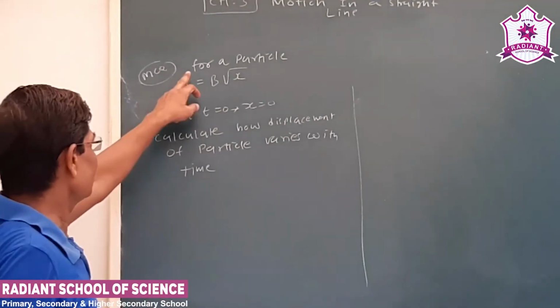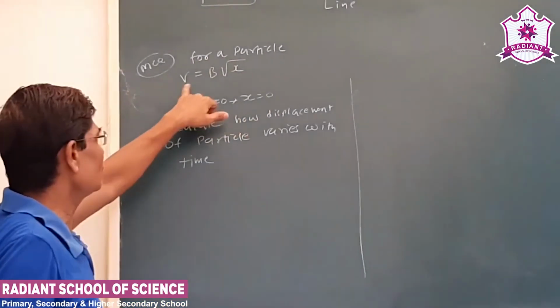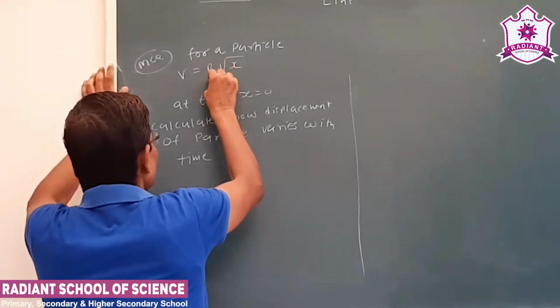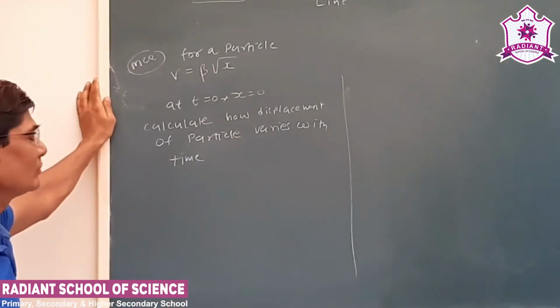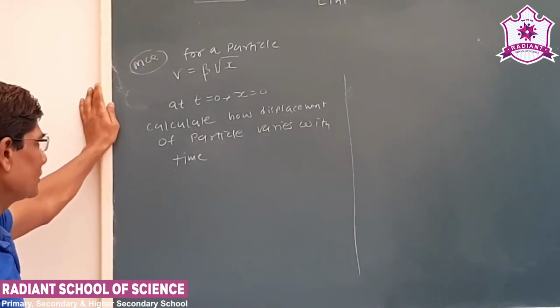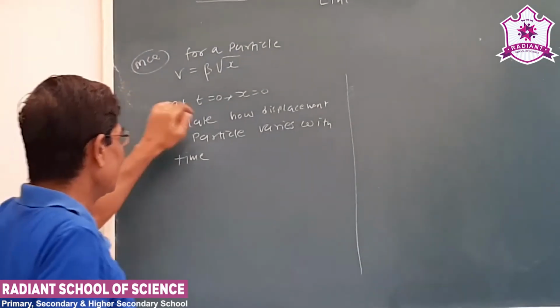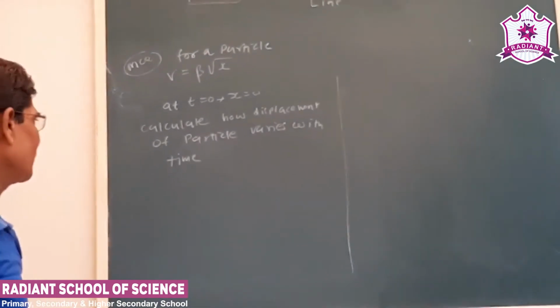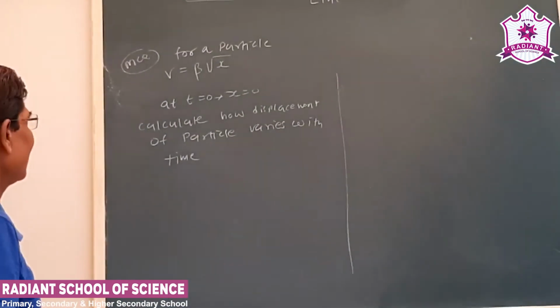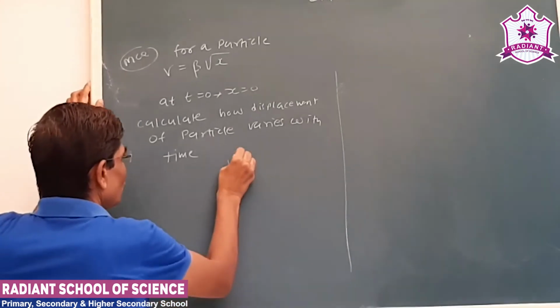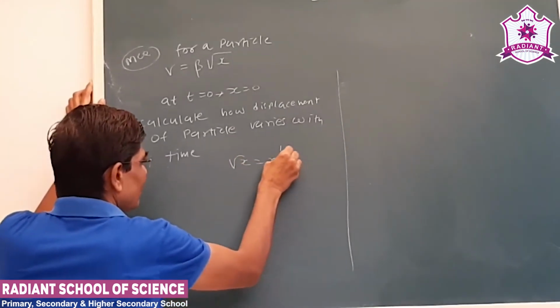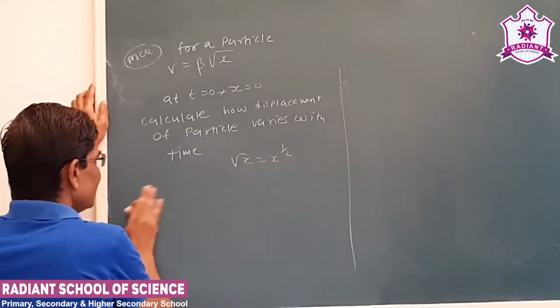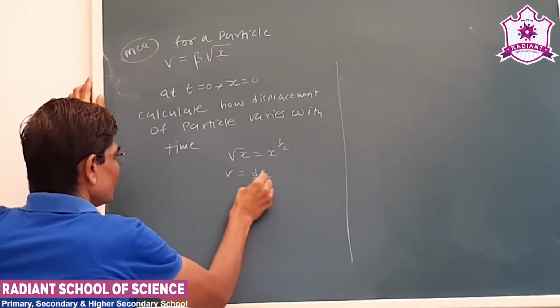Now see, our next question is given for a particle v is equal to b into root x. b is a non-zero constant, root x. Now see, we are given the condition that at t is equal to 0, the position of the particle is 0. We have to find out how the displacement of the particle varies with time. Now we know root x, we can write x to the power 1 by 2. Now v is equal to dx upon dt.